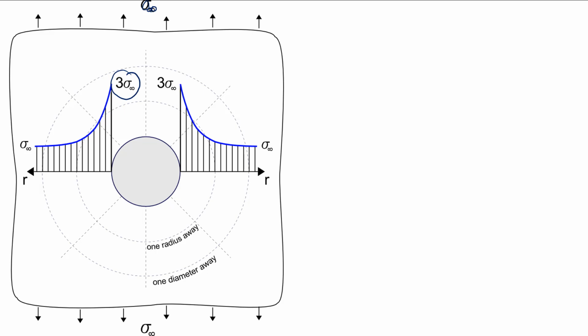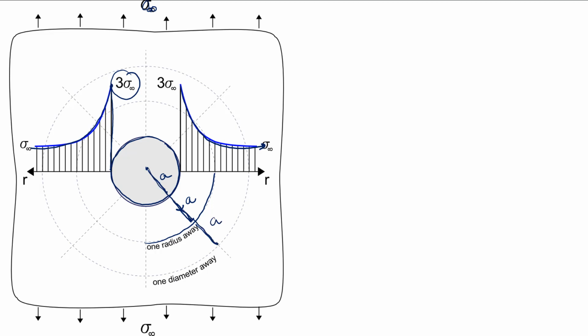This is the 3 sigma, which is the highest stress, and then it is decreasing here, and this is particularly at this hole. Now if you go beyond, as shown here, this is 1 radius away again, so this is your r, equal to a, and this will again be a, and this will be a, like that.